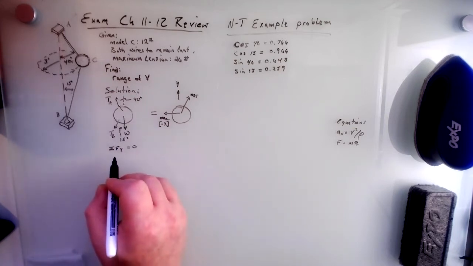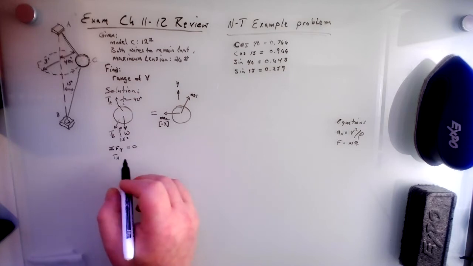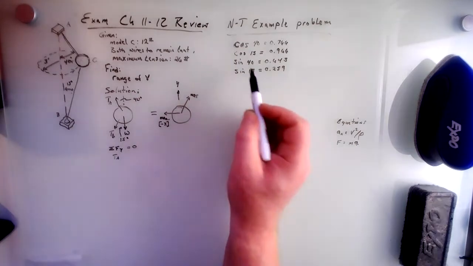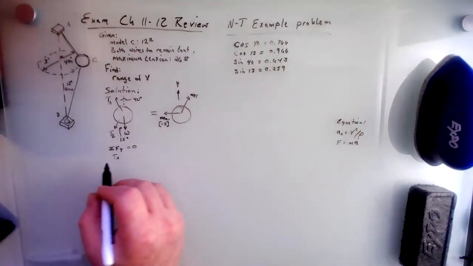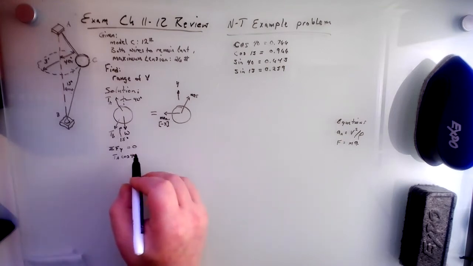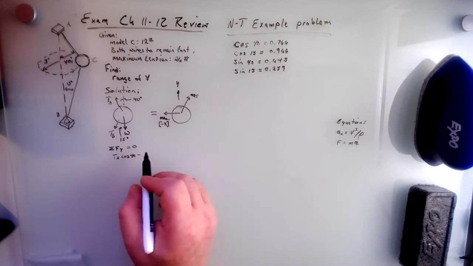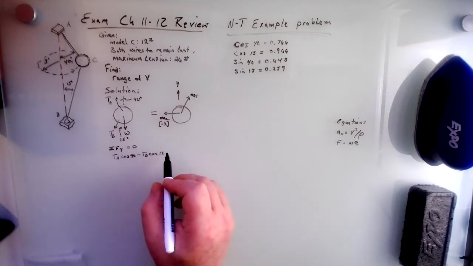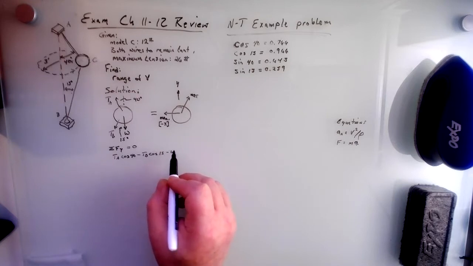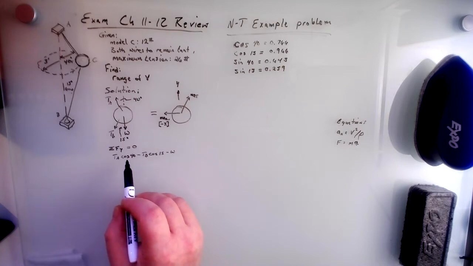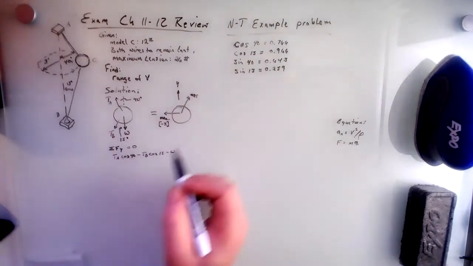So TA cosine of 40 minus TB cosine of 15 minus W. Right? So we can substitute the cosine 40 and cosine 15 with these values.